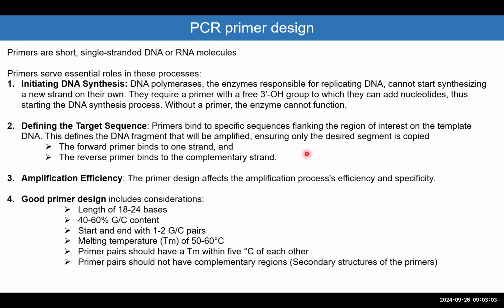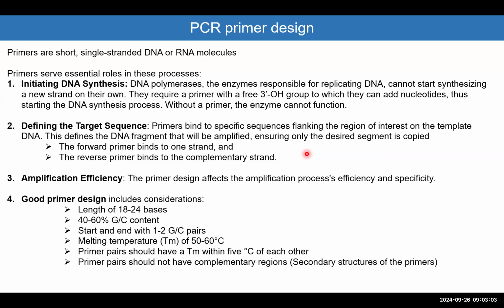And their design is very important because if the primers are designed well, the efficiency of amplification will be great. And if the primer design is bad, then the amplification is not going to be great. And remember, in the previous lecture, I described what are the parameters of a good pair of primers.